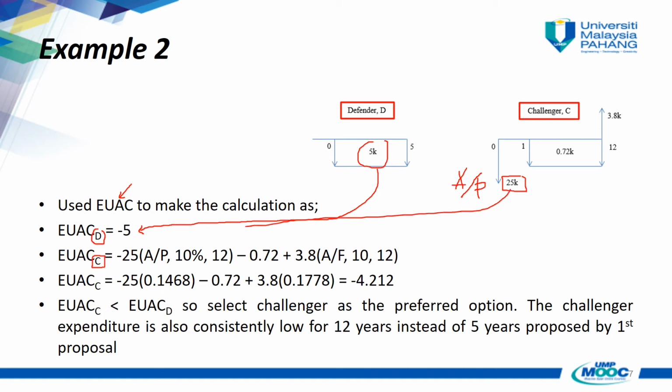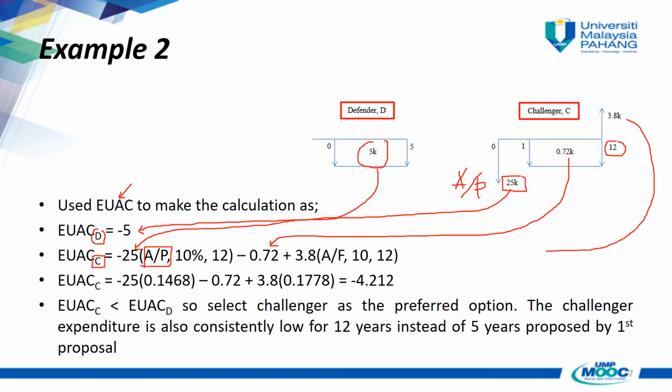So the 25,000, we need to multiply by finding A when you know the P for 10% for 12 years. Then we have the operation or maintenance cost here, 0.72, and after 12 years this challenger can be salvaged for 3.8 thousand.